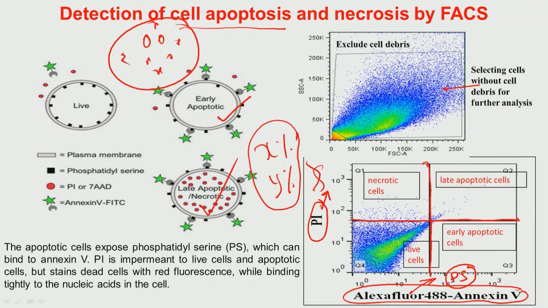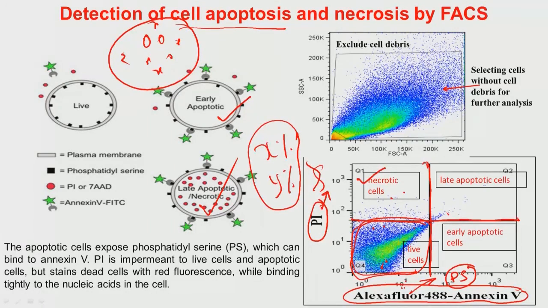So, these are the 4 quadrants. In Q1, quadrant number 1, you have a very large expression of PI but a lower expression of Alexa Fluor 488. These are the necrotic cells. The live cells are those that are not stained with PI or Alexa Fluor 488, in the lowermost quadrant here.